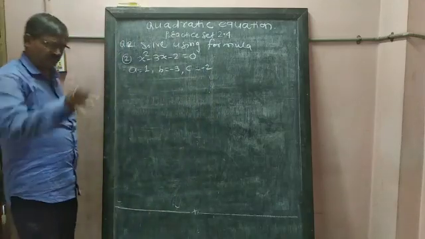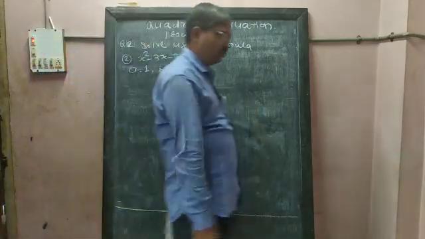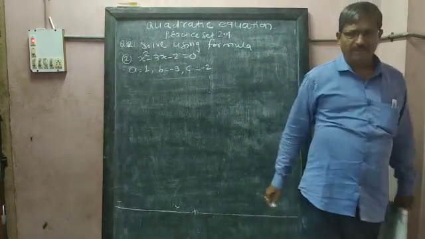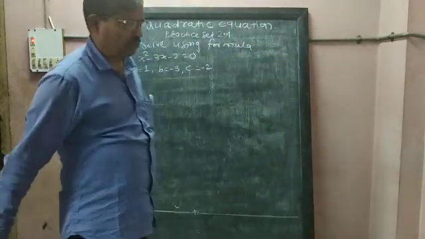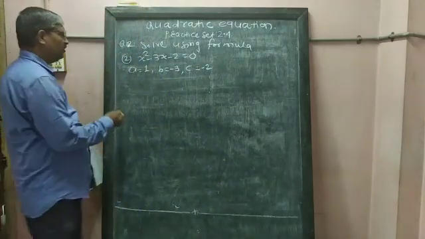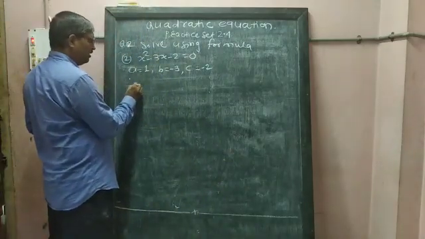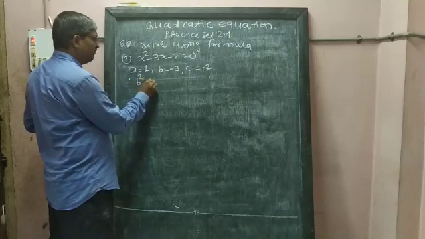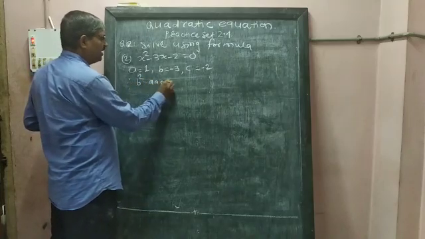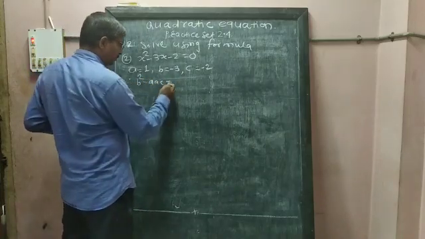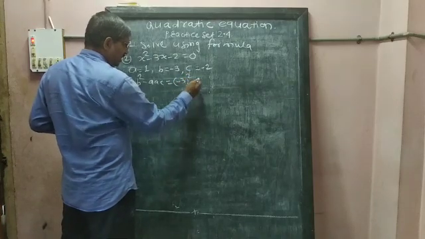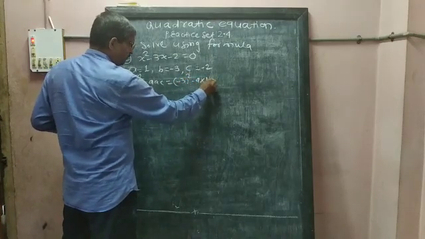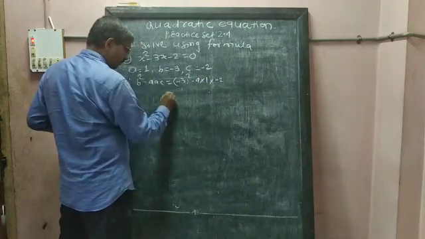Now we will first find b square minus 4ac. Directly someone can use the formula, and by keeping the values in the formula also you can solve. But it is better to avoid mistakes, so first we will find b square minus 4ac is equal to minus 3 square minus 4 into 1 into minus 2.